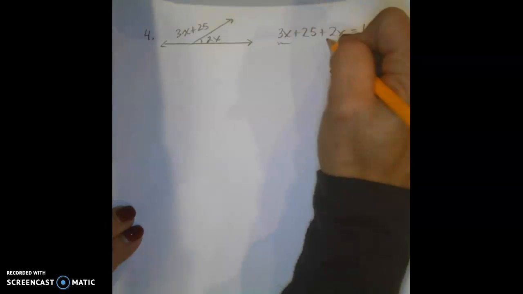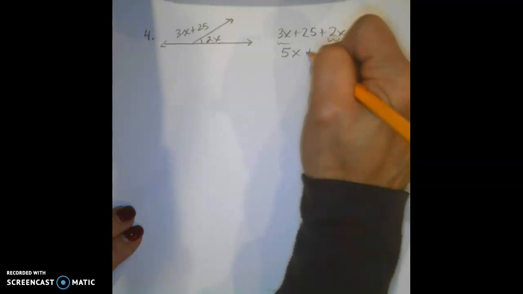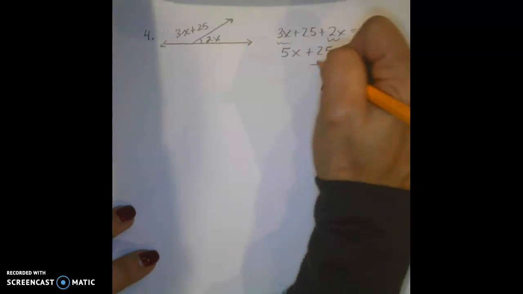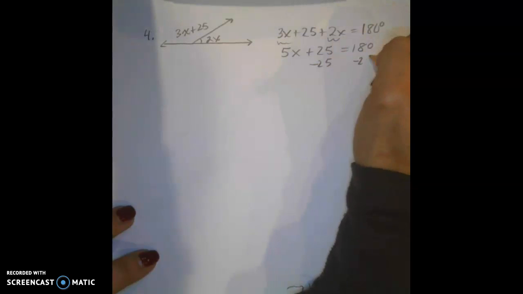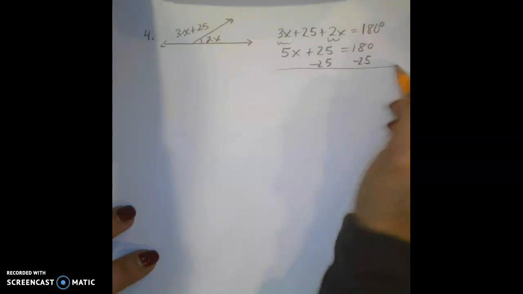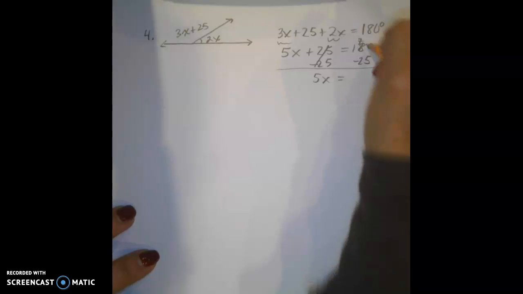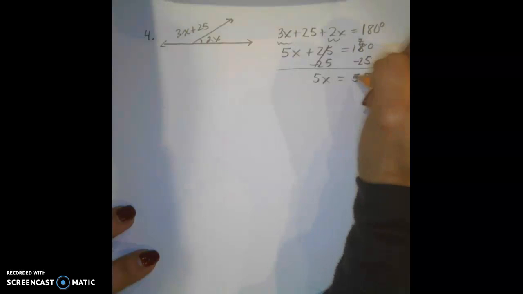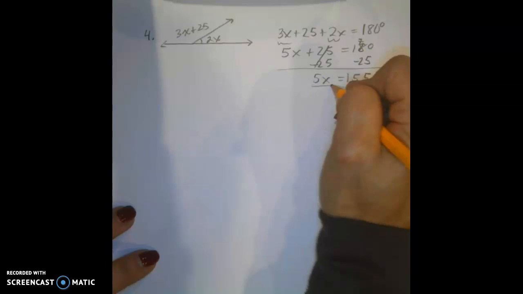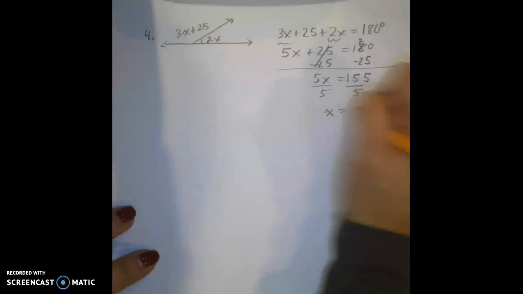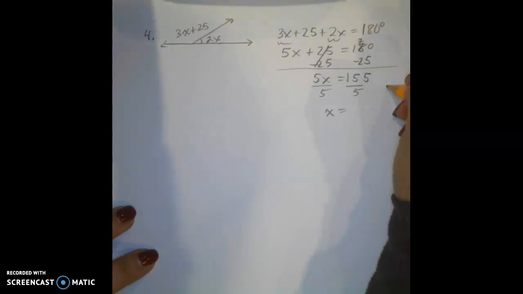We combine our like terms. Subtract 25. And divide by 5. You can do this by hand if you want, or you can use your calculator.